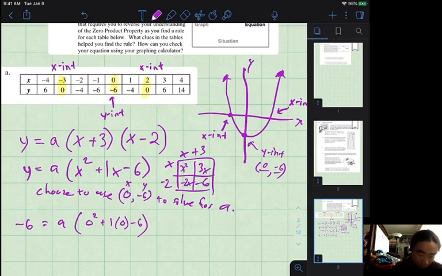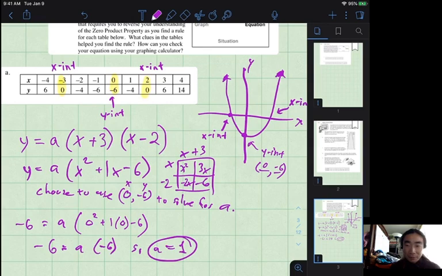Great. -6 equals a times -6, so a has to equal 1. Okay, we just confirmed. Nothing additional is happening. So for this one, the rule is, and we'll write it again, in factored form, it looks like this, using your x-intercepts. From expanding or multiplying it through, your quadratic in standard form looks like this.